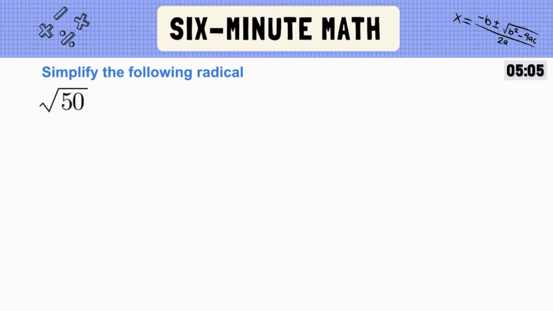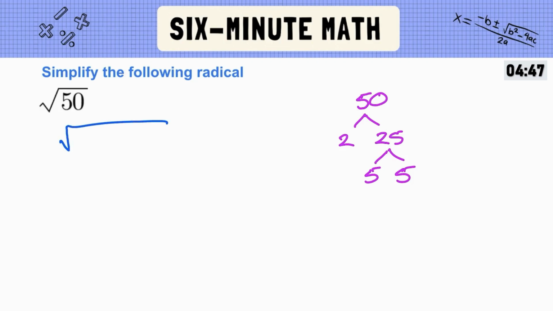We're going to simplify root 50. So our first step is to prime factorize. I will use 2 methods. The first one, we will factor tree. 50 is 2 and 25, which is 5 and 5. This tells me that root 50 is also root 2 times 5 times 5.